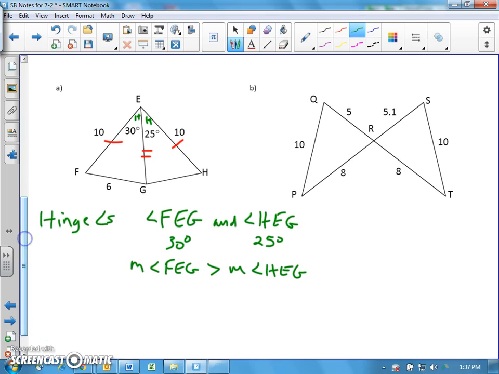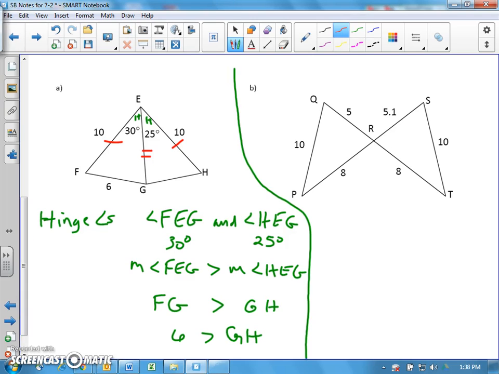Based on that, I can conclude that the side across from the larger angle, which is FG, has to be greater than the side across from the smaller angle, which is side GH. Knowing that FG is 6 units, I know that 6 is greater than GH, or I could say that GH is less than 6 units.